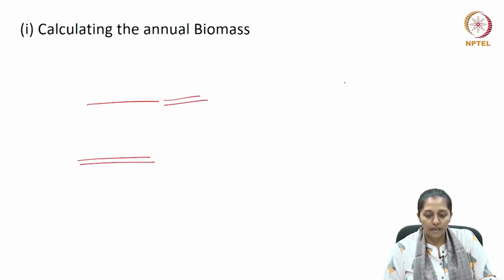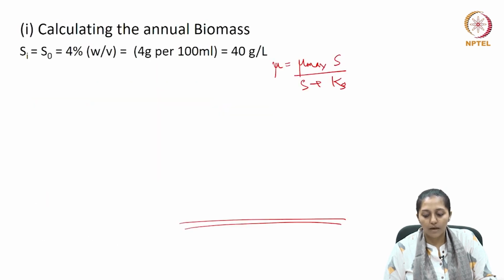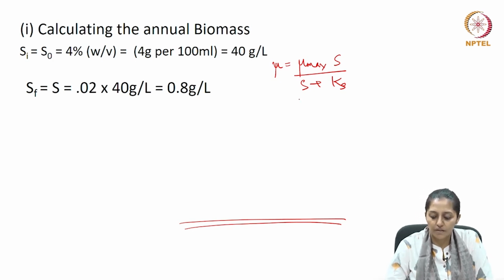So, if Ks in the Monod's model becomes very, very less than S, then we can sometimes neglect Ks. So, then your mu tends to mu max.